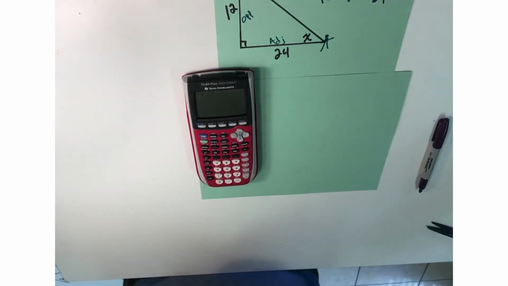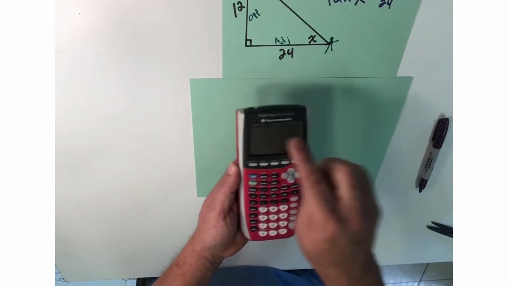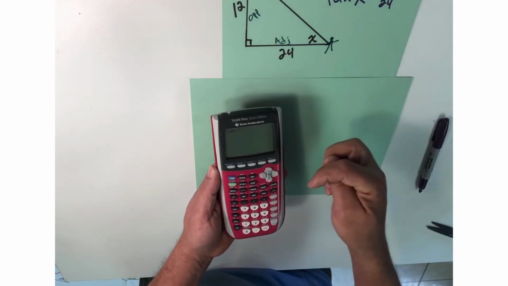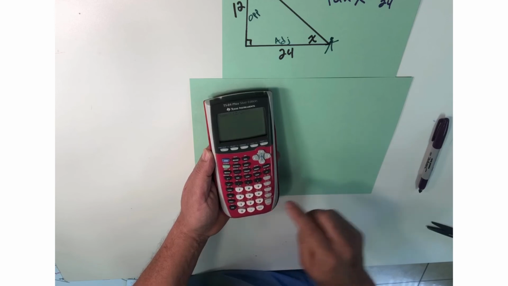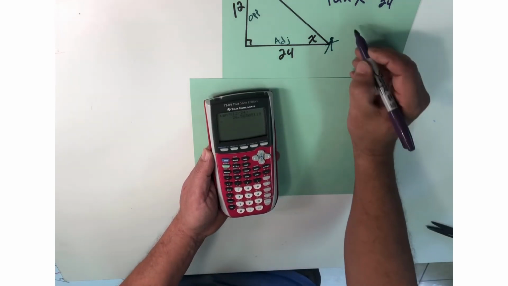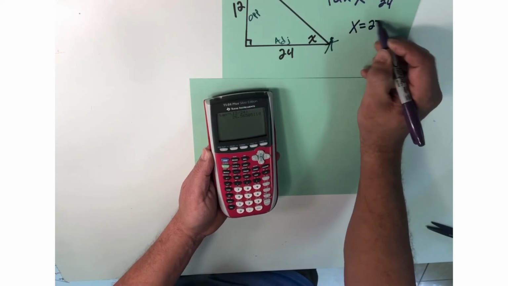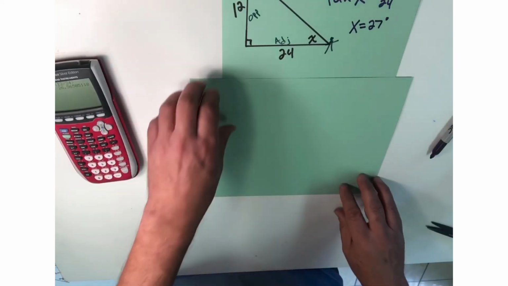When you do that, you're going to see the little -1 there. That means you are in inverse mode. You're looking for an angle. And then all you got to do is press 12 divided by 24 and then press enter. And you're going to see this is 26.56, which means that x is really 27 degrees. Approximated, right? Whole number.